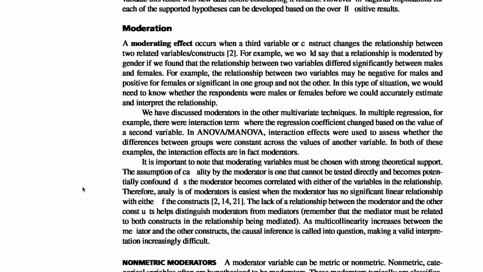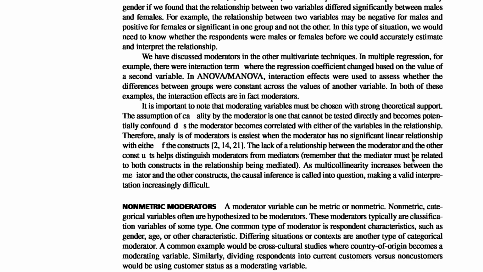It is important to note that a moderating variable must be chosen with strong theoretical support. The assumption of causality by the moderator is one that cannot be tested directly and becomes potentially confounded if the moderator becomes correlated with either of the variables in the relationship. Therefore, analysis of moderators is easiest when the moderator has no significant linear relationship with either of the focal constructs.